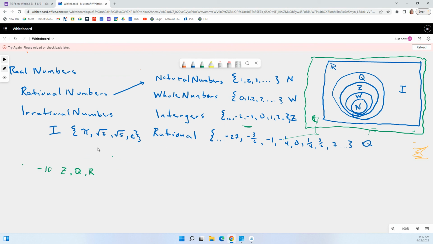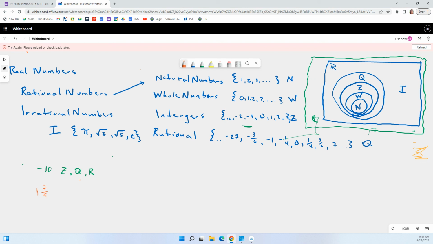So we know that 10 falls under the integers, the rational numbers, and the real numbers. What would 1 and 7/9 fall under? Clearly not a whole number, so we can't start with that.